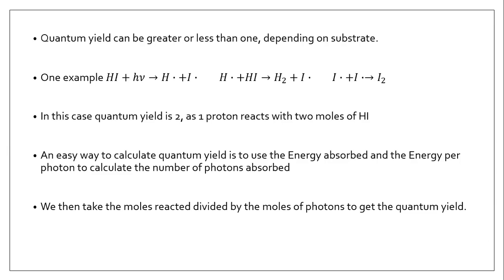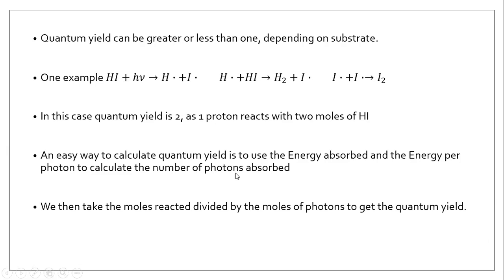In this case, the quantum yield is 2, as 1 photon reacts with 2 moles of HI. So the first one breaks HI, but the H can react with another HI.